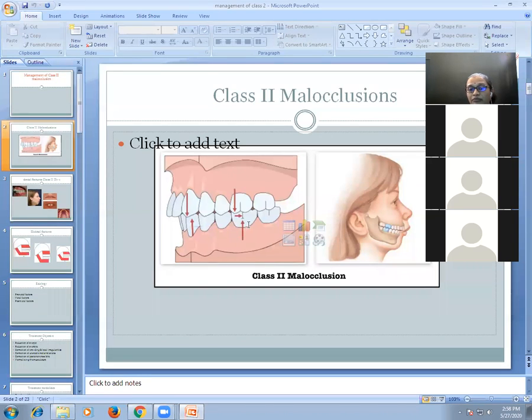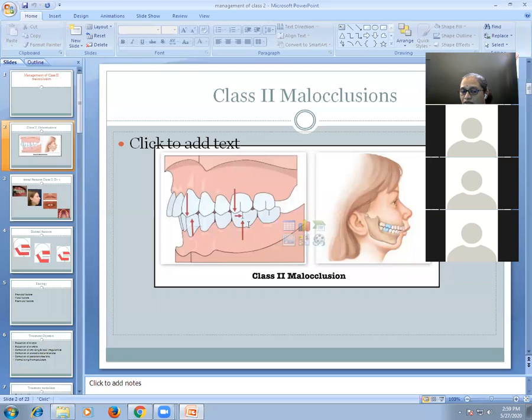Then the patient will be having proclined upper incisors. That means there will be proclination of maxilla, retroclination of lower incisors, or the lower incisors can be proclined. Then there could be crowding, there could be proclination, there could be spacing, but with class 2 molar relation. This is a dental class 2 malocclusion.